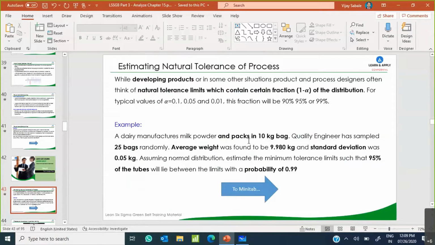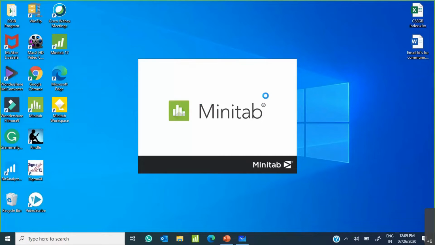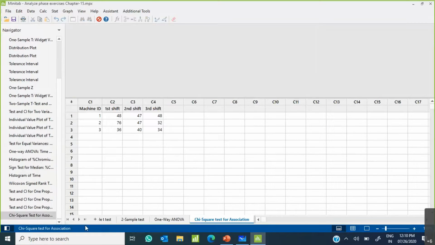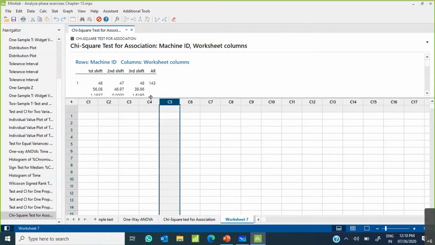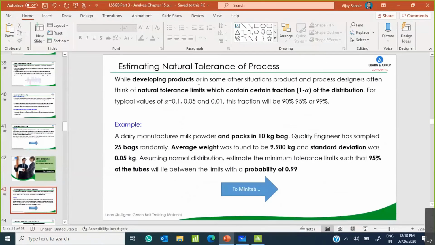Today's maximum work is related to Minitab because we are going to see the application of all the hypothesis tests practically, how to use a particular test and how to determine whether that statistic is significant or not. Have we opened the Minitab? Yes. Okay.